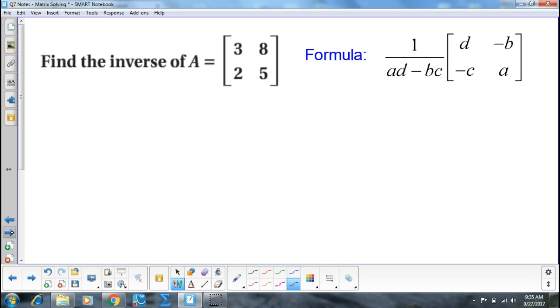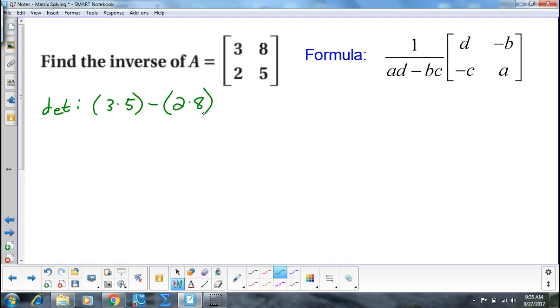Let's find the inverse of an actual 2 by 2 matrix. So my matrix is 3, 8, 2, 5. So the first thing that I need to do is find the value of my determinant. That is going to be 3 times 5 minus 2 times 8.